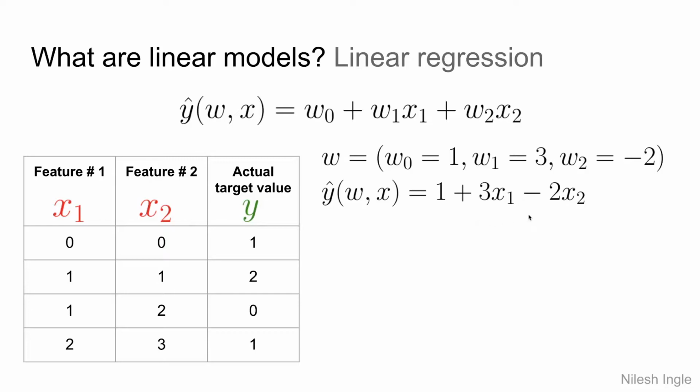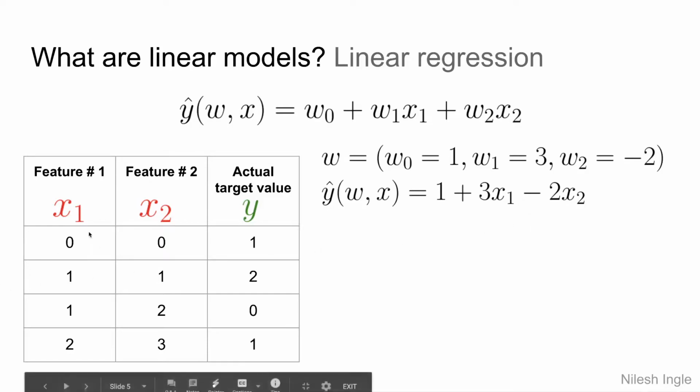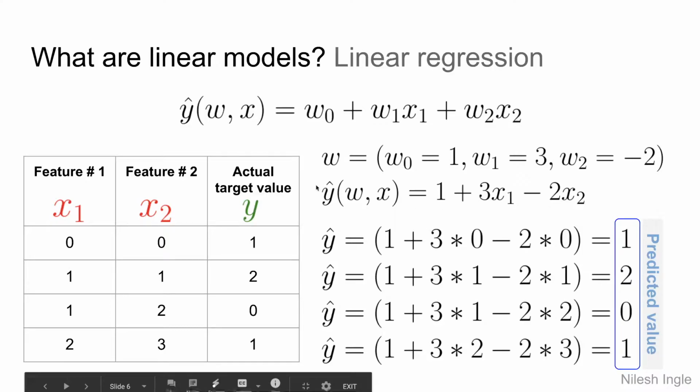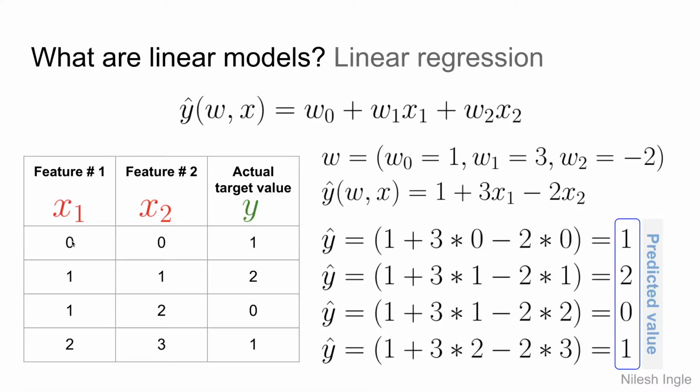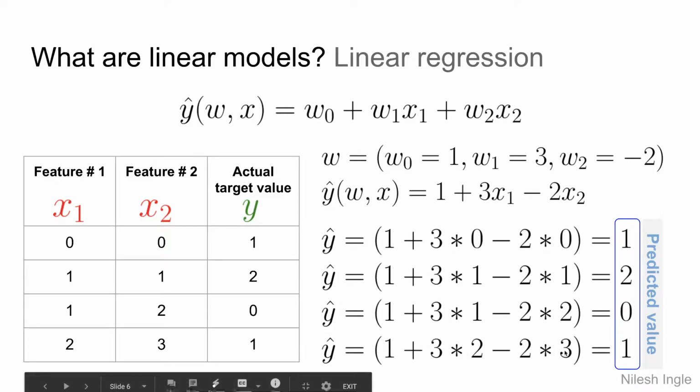Now this equation can be used to calculate the predicted values by plugging in the values for feature 1 and feature 2, that is x1 and x2, in this equation. And when we plug in the values, for example, x1 is 0 and x2 is 0, we calculate the value as 1. And similarly for all the rest of the equations.